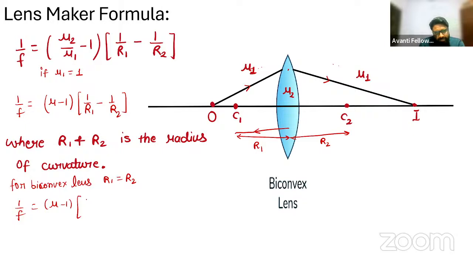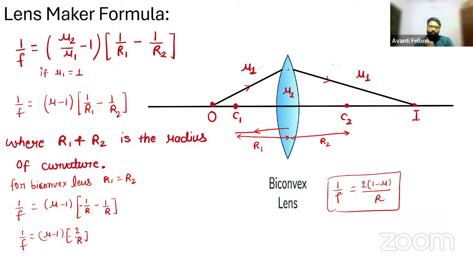So here 1 upon minus r1, which is r, minus 1 upon r. So you will find that 1 upon f is equal to (mu minus 1) times 2 upon r, which is, let's say, 1 upon f is equal to minus 2 times (1 minus mu) upon r.